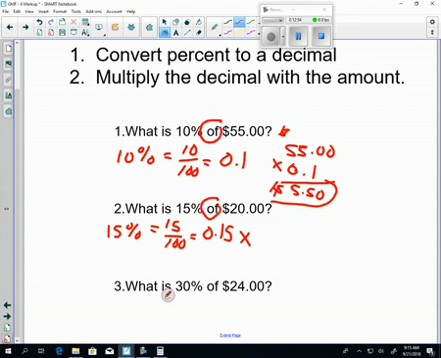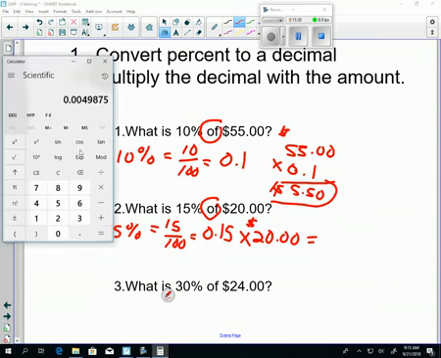Whenever you see something of, it means multiply. So 0.15 times $20. I know in my head right now it's going to be 3, but to show that, I'll clear this. So I'm going to put 0.15 times 20, and I get 3. So my answer is $3.